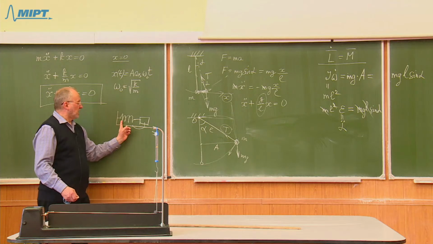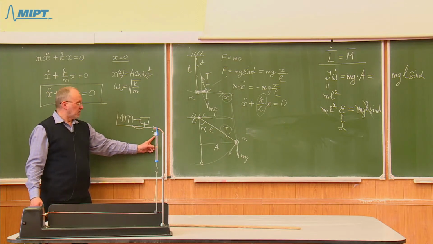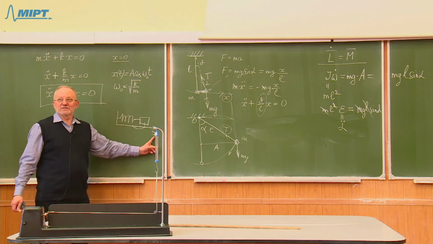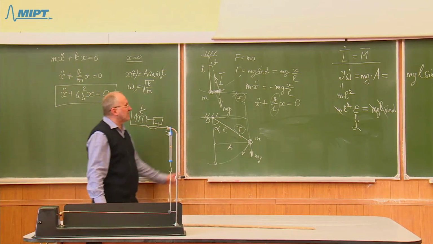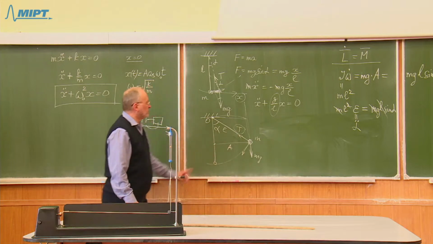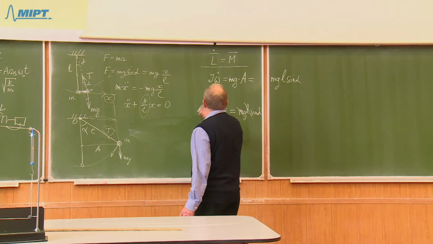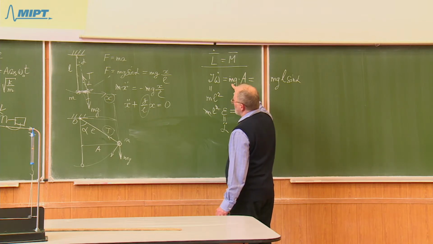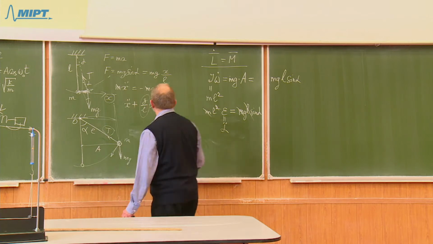So the force acting on the body from the spring will be proportional to minus x with the coefficient of spring stiffness. The same situation is here. If you look at this vibrating ball, you will understand that there must be a minus sign, because the torque of the external force always tends to return the ball backward.